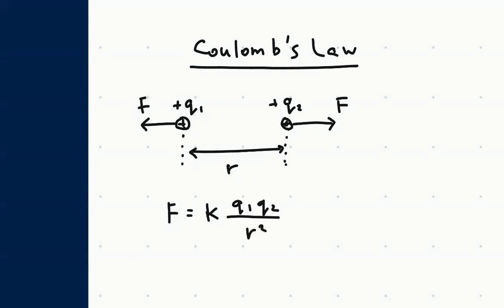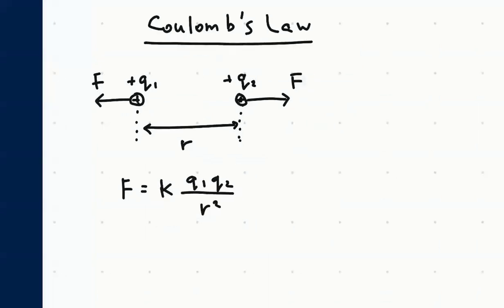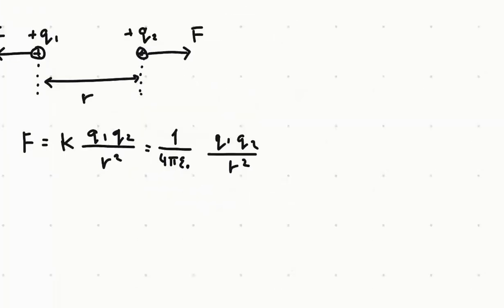This is how you typically write it in A levels, but we tend to write it like this: 1 over 4 pi epsilon 0, where epsilon 0 is a constant called the permittivity of free space, times q1 q2 over r squared. So k is Coulomb's constant.